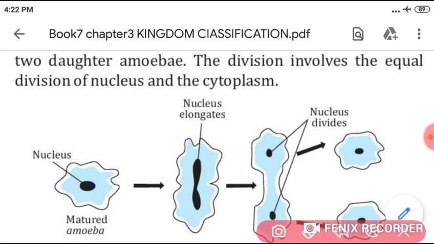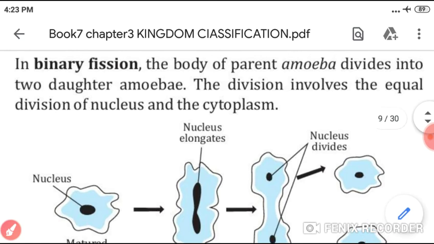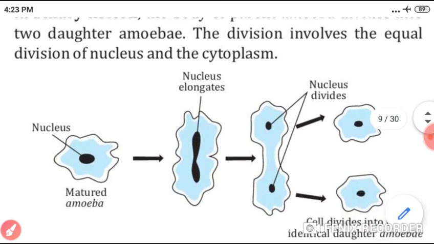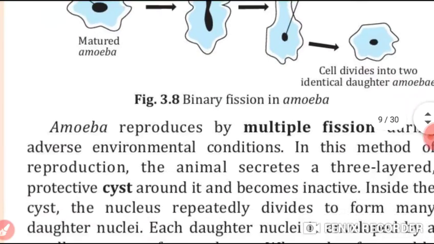This is the parent and it divides. The parent body enlarges, and afterwards what will happen? The walls come in contact with each other from here, and from here it breaks and divides into two parts. The division involves the equal division of the nucleus and, students, the cytoplasm also.